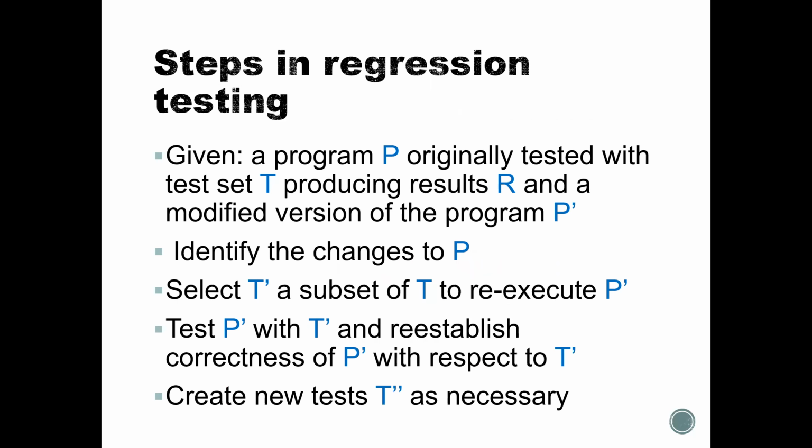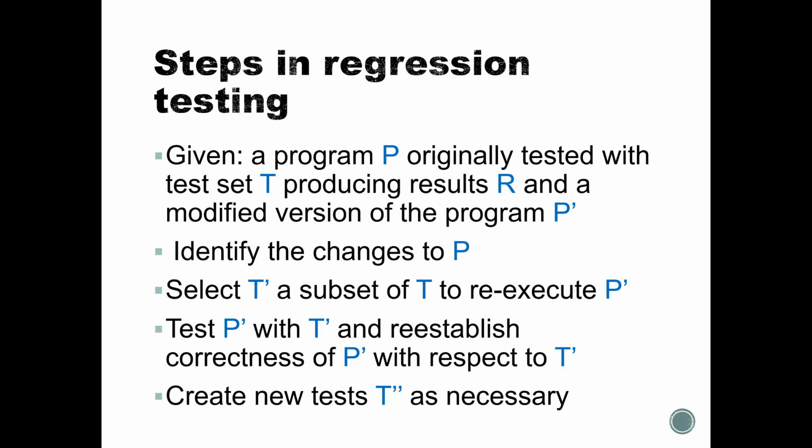So let us discuss what exactly the steps are in regression testing. Basically, we will be given a program P, which was originally tested with a test set T, and which produced results R. And of course, because we are performing software maintenance, we are assuming that we are a software tester, and we are going to perform regression testing in this case.